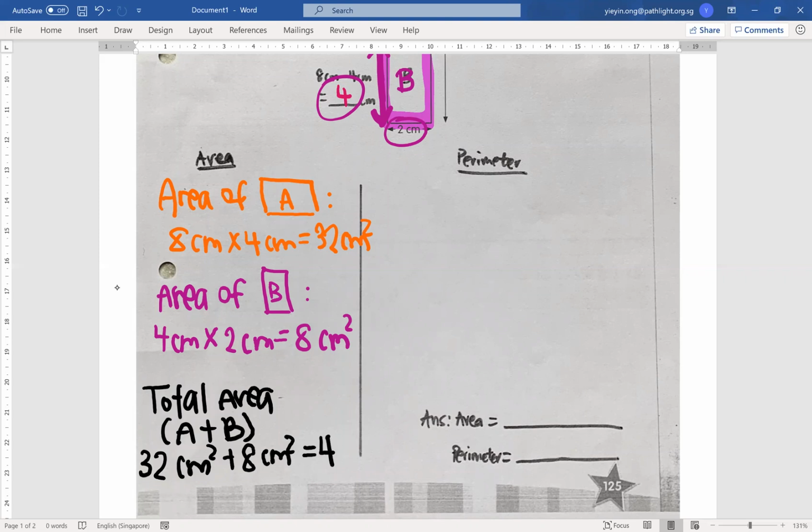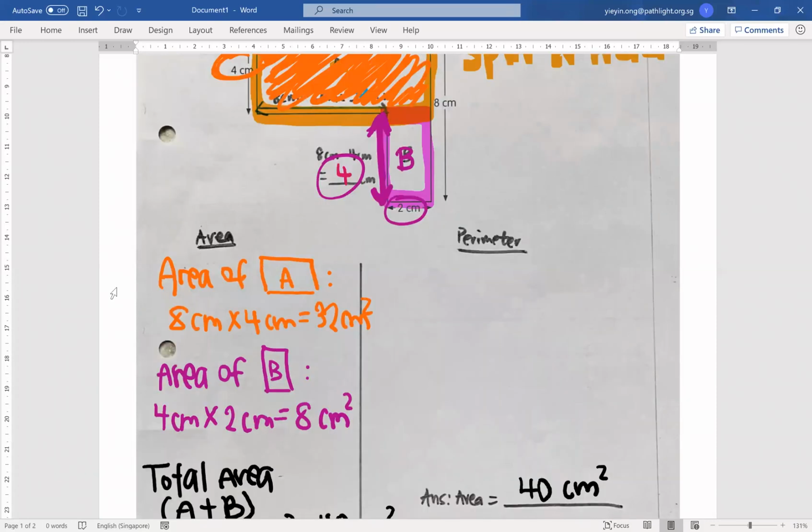That will give me 40 square centimeters. So the area of this composite figure is 40 square centimeters. Now, if you need more time to copy, please pause the video. I'm going to move on to find the perimeter of this figure.